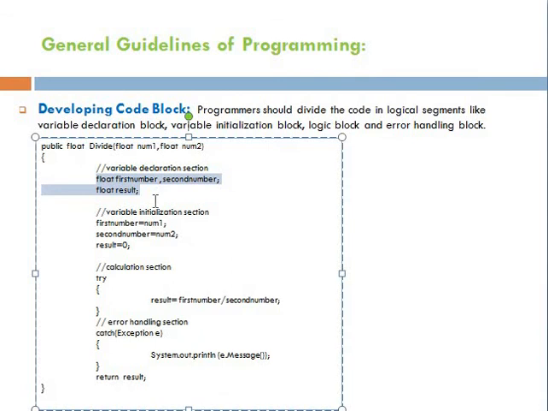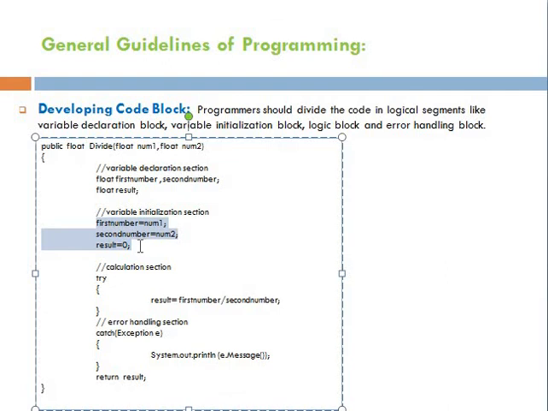This portion denotes the variable declaration block, where three variables, first number, second number, and result, have been declared with the data type float. And it is indicated by this commented line, variable declaration section.